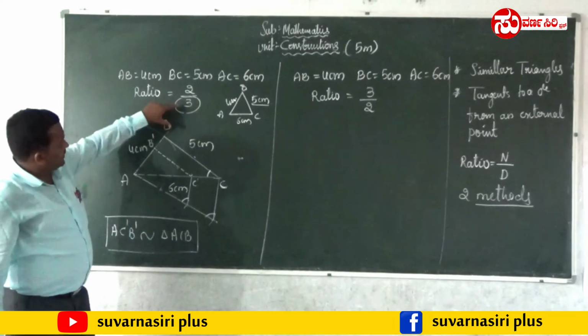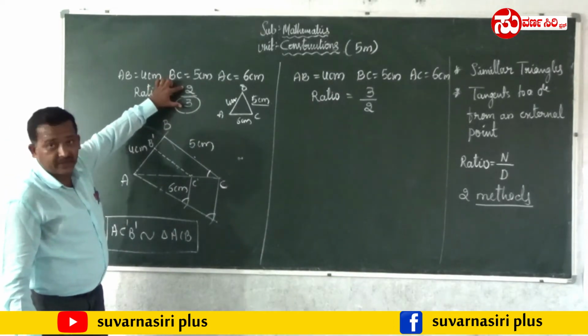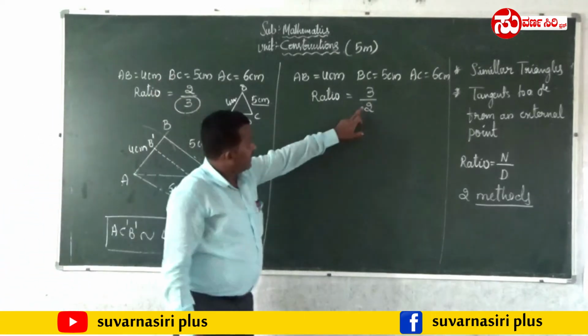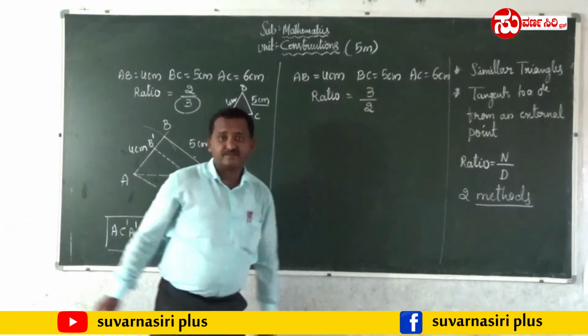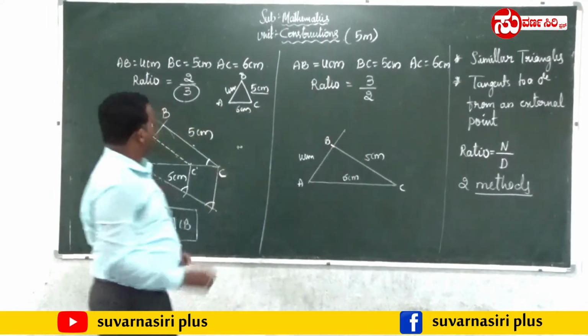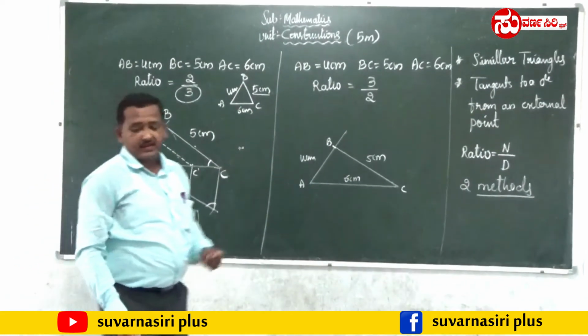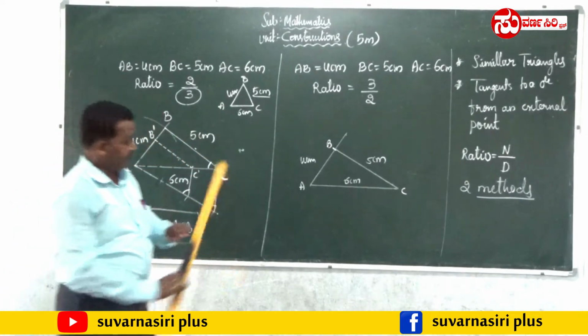Here it was the case of the denominator bigger than the numerator. Now we will see when the denominator is lesser than the numerator. Here the same triangle, taking the same measurements, is ready. Then the same steps we followed here, we have to follow.